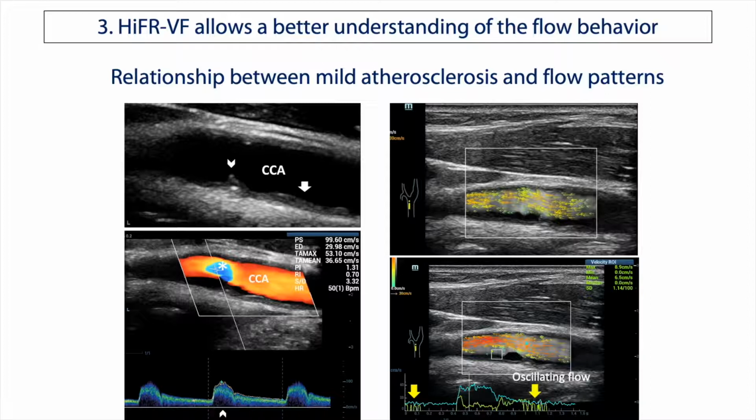In this case, V-flow shows laminar flow before the plaque, eccentric maximum velocity vectors, and a large complex flow along the opposite wall, where oscillating flow, indicated by the yellow arrows, is evident.